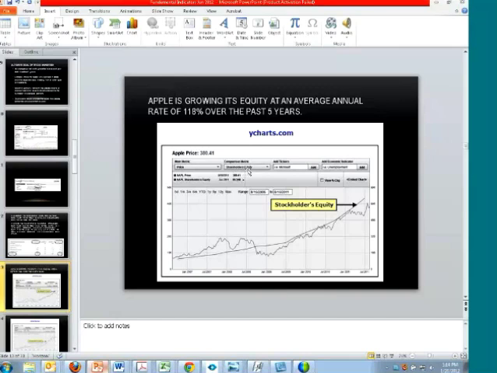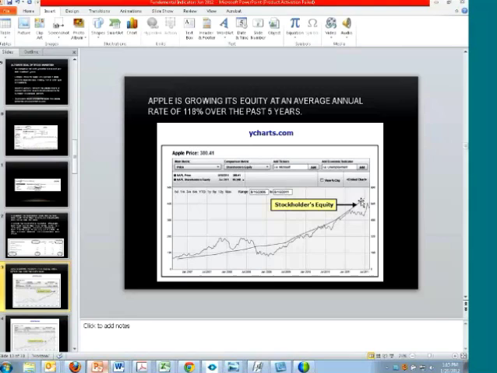In this example, this is a 5-year chart, so it gives you the 5-year price of Apple stock, and it also gives you stockholders' equity, and that's this line right here. So you get a great picture of how Apple's been growing its stockholders' equity. You can see it's been a very consistent growth in stockholders' equity.